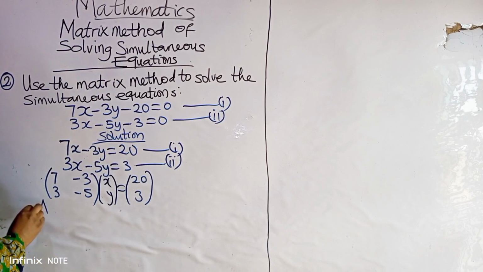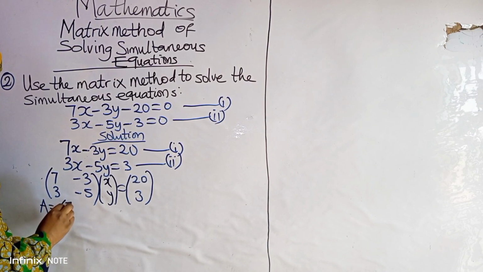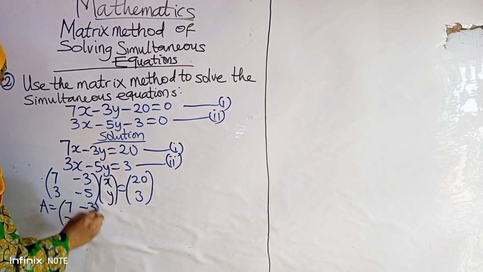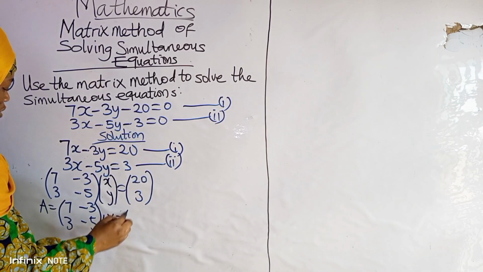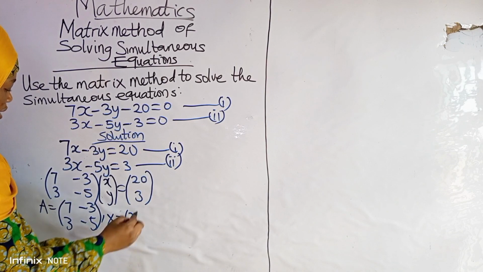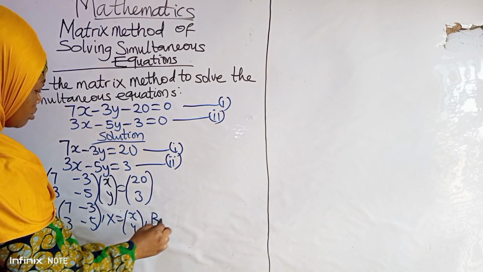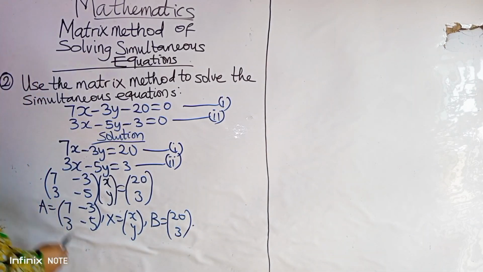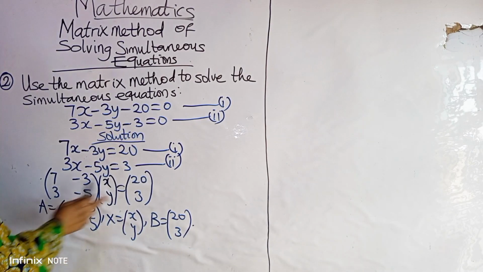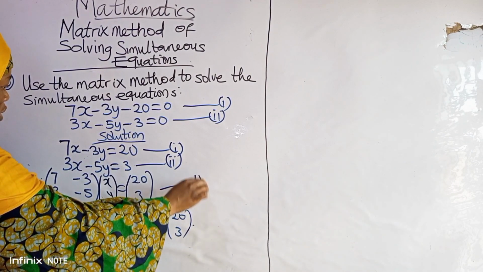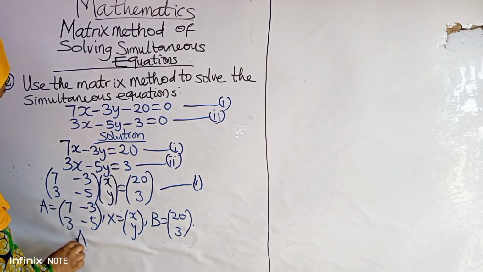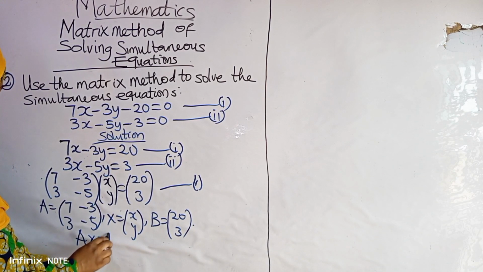So A is equal to 7 minus 3, 3 minus 5, and my x is equal to x, y. Let b be equal to 20, 3. Then I can rewrite this as A multiplied by x is equal to b.